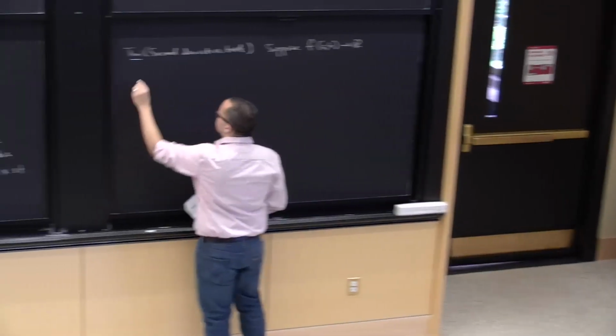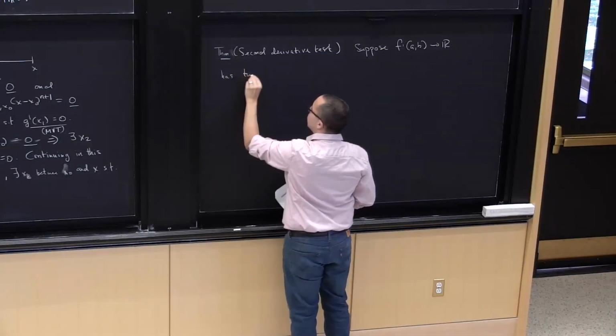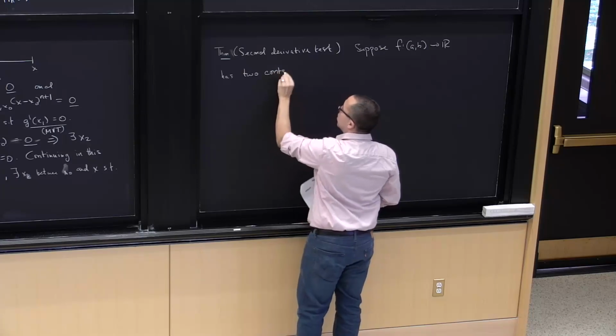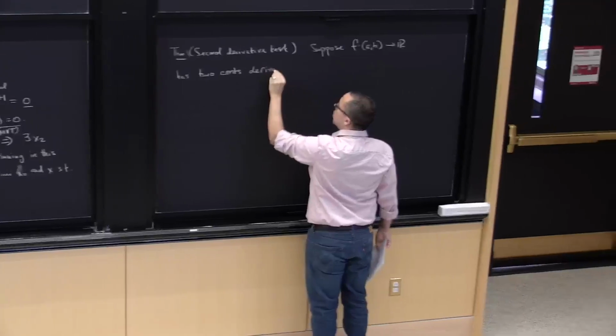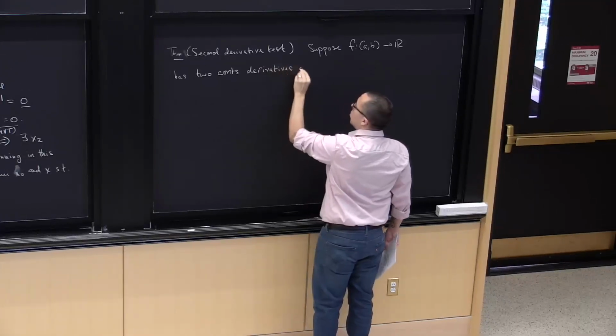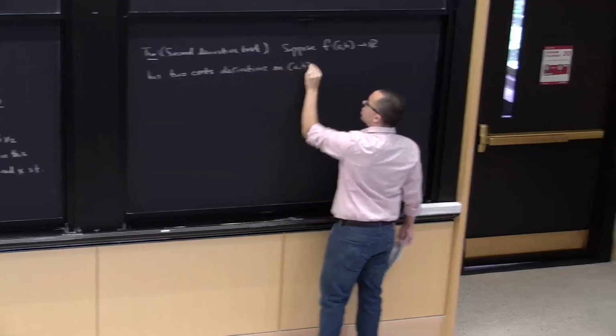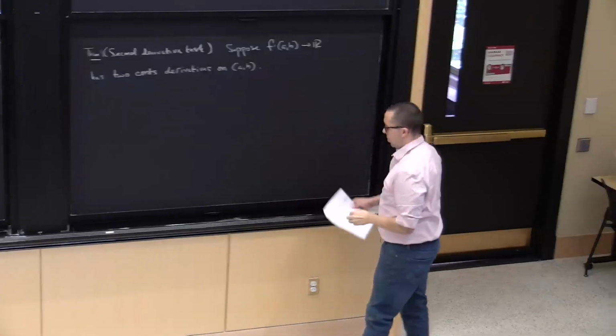and suppose this has two continuous derivatives on this open interval AB.